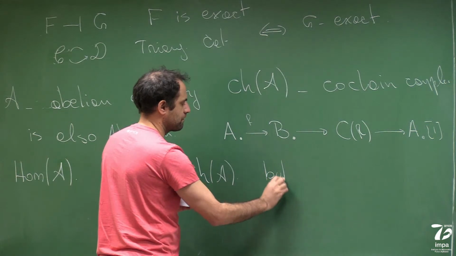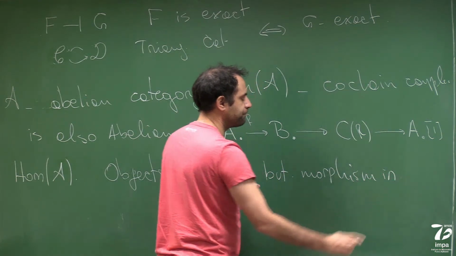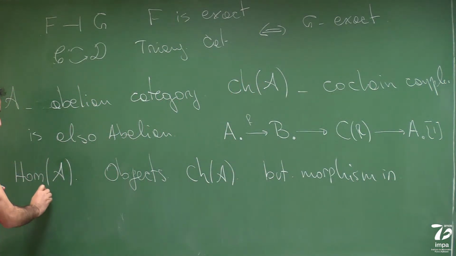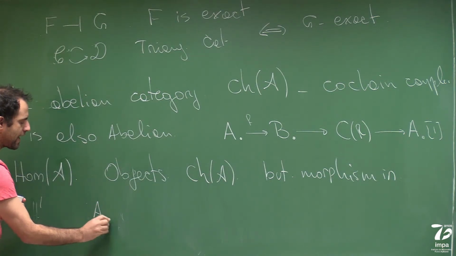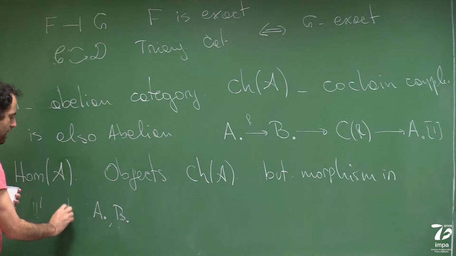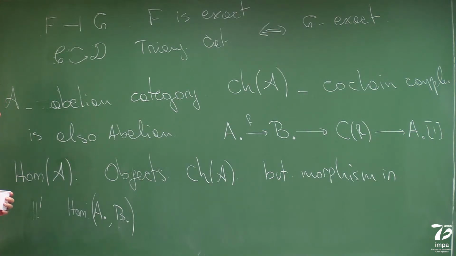Morphisms in this category were equivalence classes of morphisms in here, namely, given two complexes A and B, then Hom in the homotopy category, well, Hom for homotopy is not a good name.